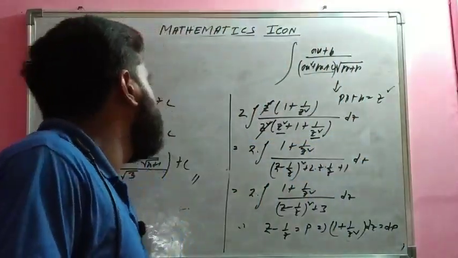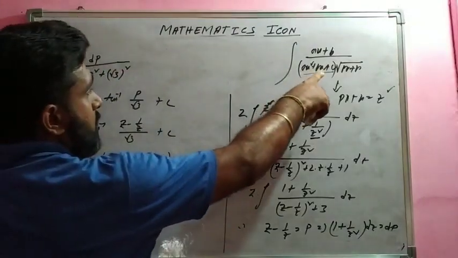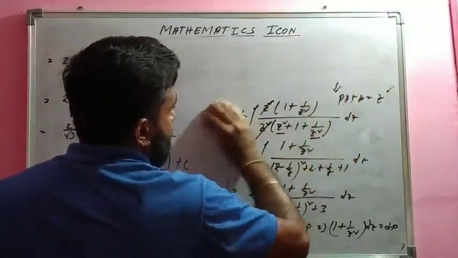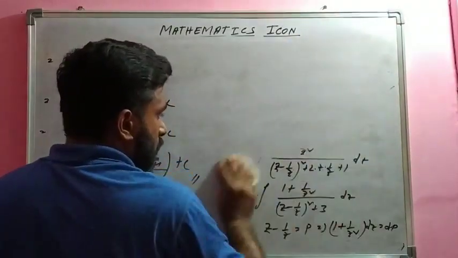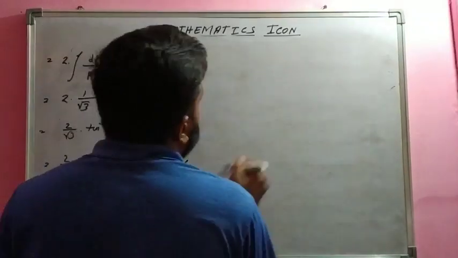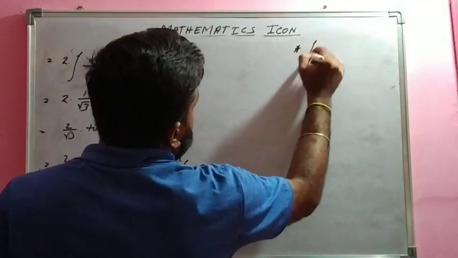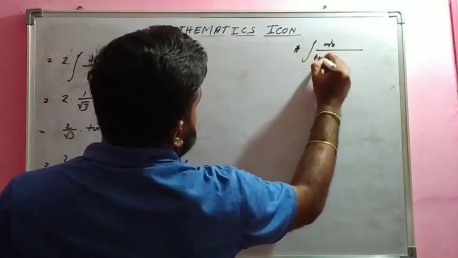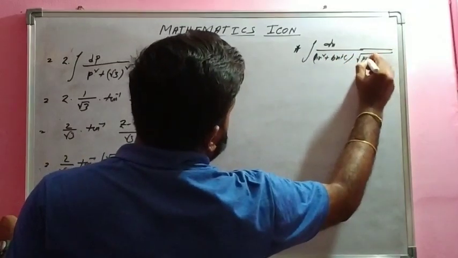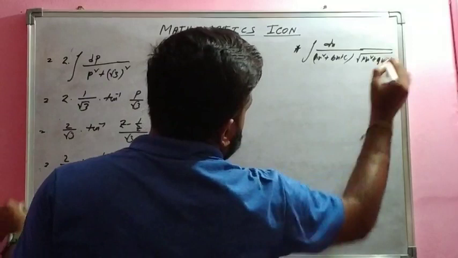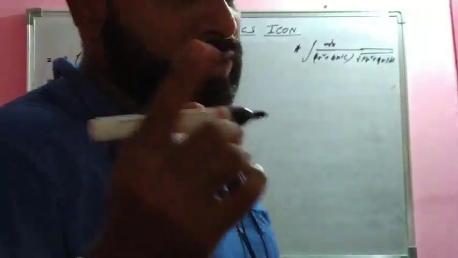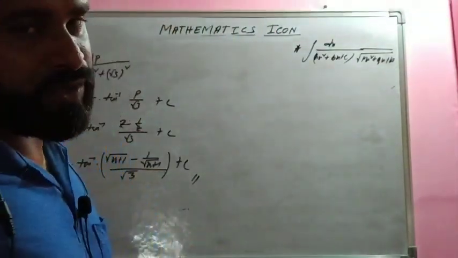अब नेक्स्ट क्वेश्चन जाओ। ये तो फॉर्मेशन क्या था, रूट के अंदर लिनियर फॉर्मेशन, रूट के बाहर क्वाड्रेटिक फॉर्मेशन। अब ऐसा एक फॉर्मेशन है, रूट के अंदर भी क्वाड्रेटिक फॉर्मेशन होगा, रूट के बाहर भी क्वाड्रेटिक फॉर्मेशन होगा, तब आपको क्या करना है, दैट मीन्स फॉर्मेशन ये है dx by suppose x square plus bx plus c, ये रूट के बाहर है, और रूट के अंदर जो है px square plus qx plus r. That means for both the cases quadratic formations will be there.